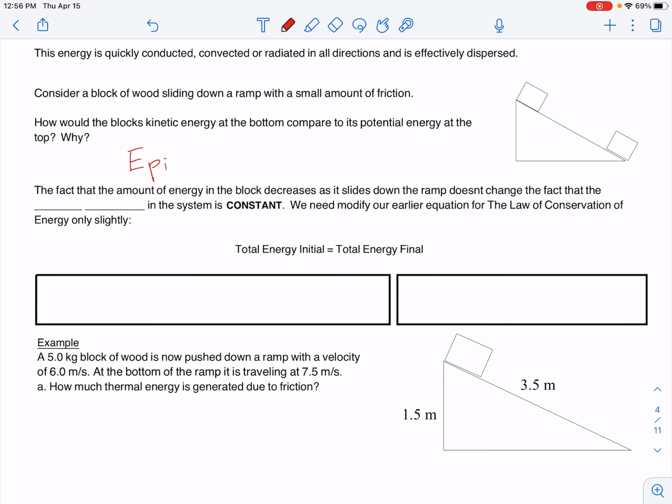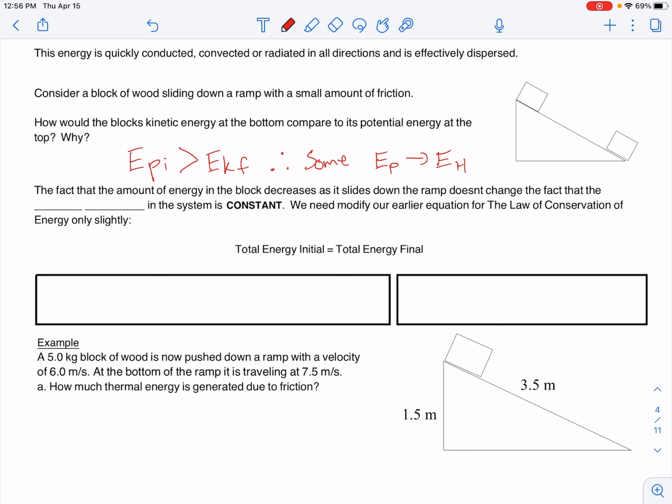In the real world, the initial potential energy is not going to fully equal the final kinetic energy. It is going to be greater. This is because some of our potential energy gets converted or lost as thermal energy.